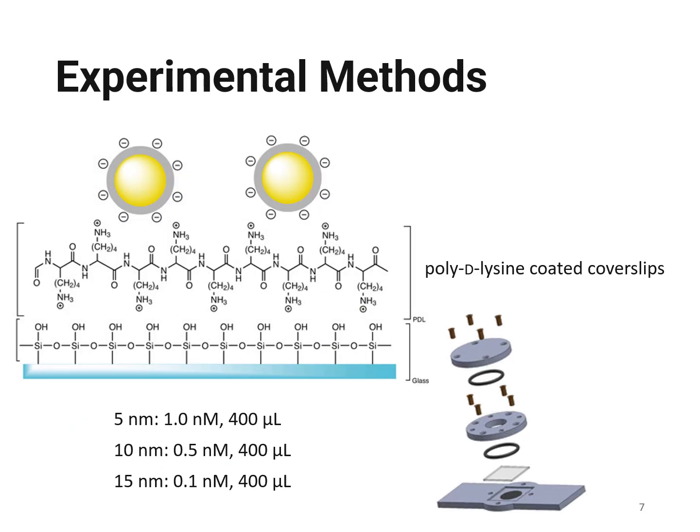We prepared the samples using a poly-L-lysine coated cover slip with 5 nanometer, 10 nanometer, and 15 nanometer gold nanoparticles at concentrations of 1 nanomolar, 0.5 nanomolar, and 0.9 nanomolar, respectively, each dropping 400 microliters onto the glass.